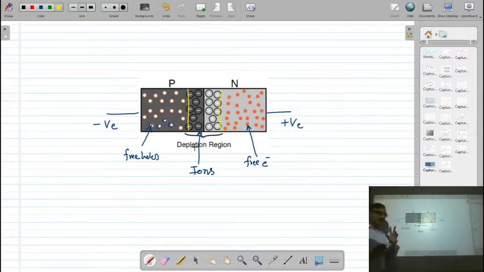Remember, in a Zener diode, the impurity is very high. Means either in silicon or germanium material, the added impurity, the trivalent or the pentavalent impurity, is very high. So the concentration of the impurity is large. And due to this large impurity, the width of the depletion region is very small.